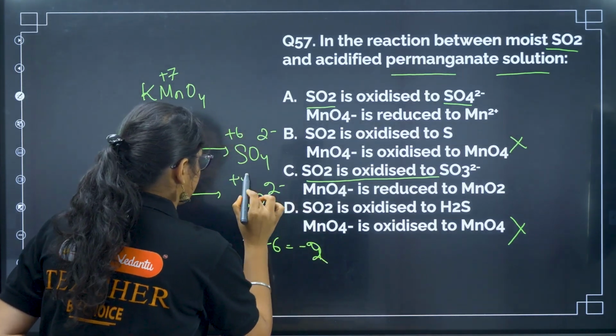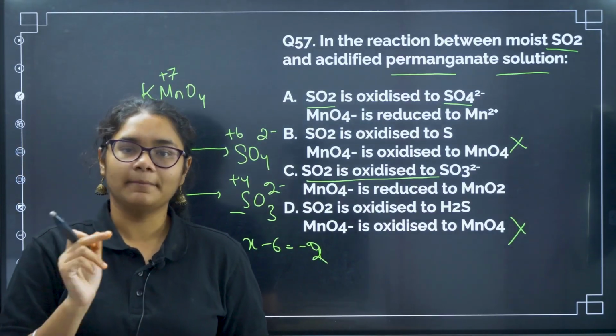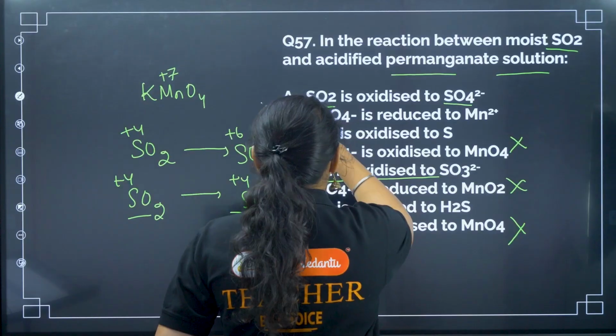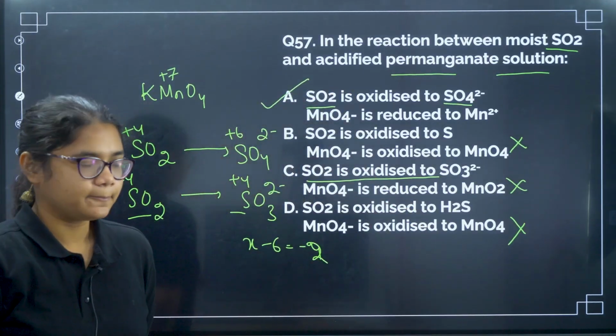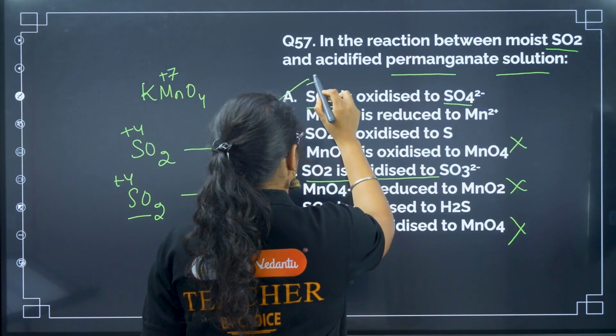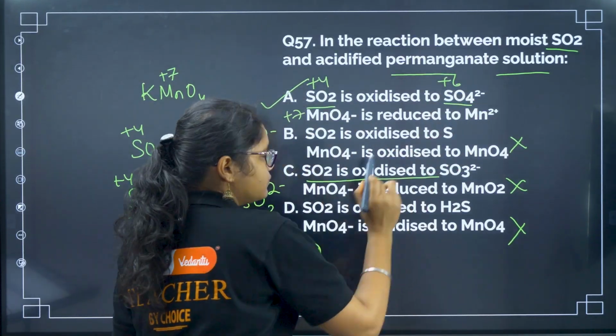So again it is +4. So here you see S is not undergoing any oxidation in presence of manganese. So that is why this statement is also incorrect. This statement is correct, that is option number A, where SO2 is undergoing oxidation from +4 to +6. Manganese is going from +7 to +2.